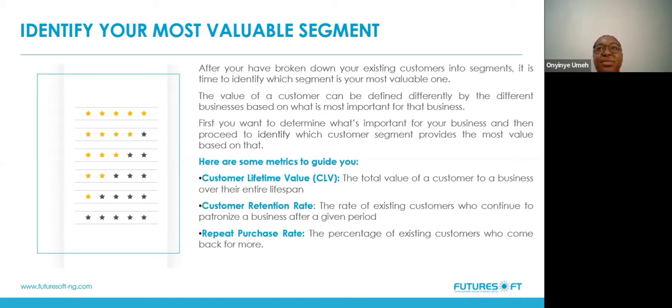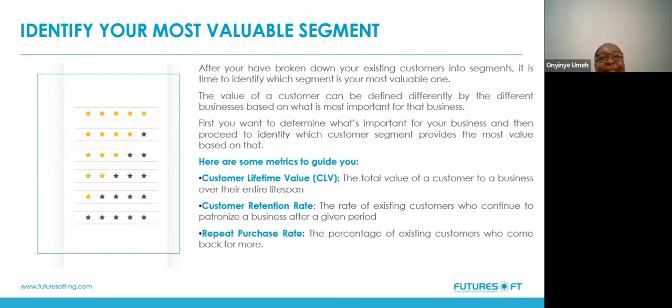Are you trying to keep them for a very long time, or do you want them to buy from you multiple times in a very short period of time? So as a business, what would be the objective with your audience? Do you want them for a lifetime, or do you want them multiple times for a short period of time?